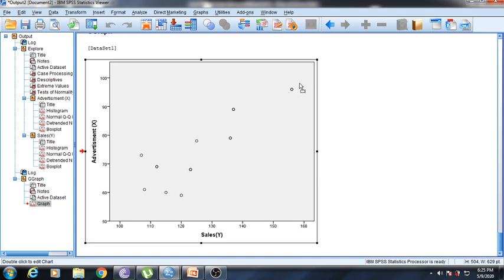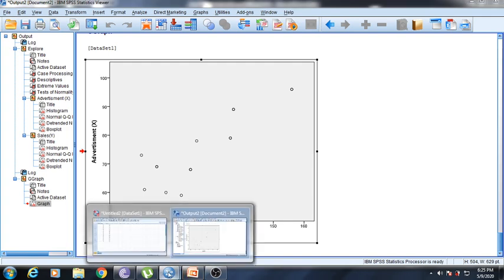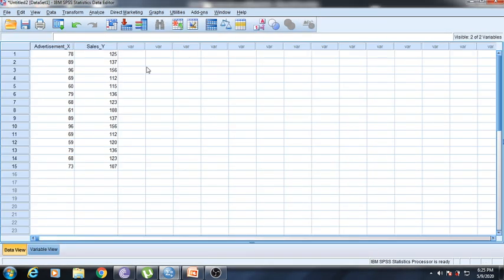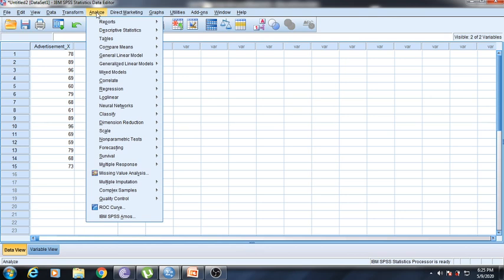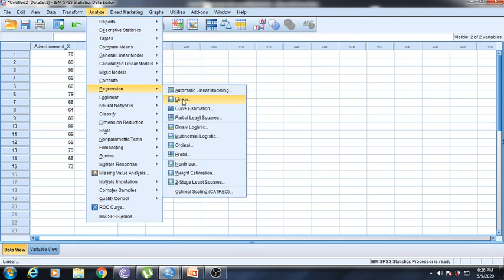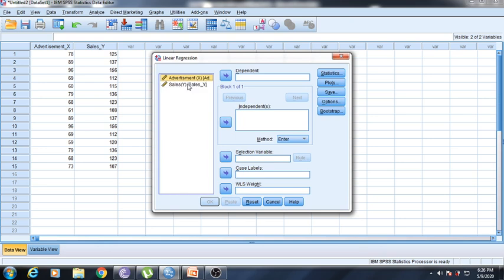Then the last one is the homoscedasticity. For the homoscedasticity, we'll go to our data again. And then we analyze, then go to regression analysis, and then linear. So sales we will take as the dependent and advertisement as the independent. And then we'll go to plots.